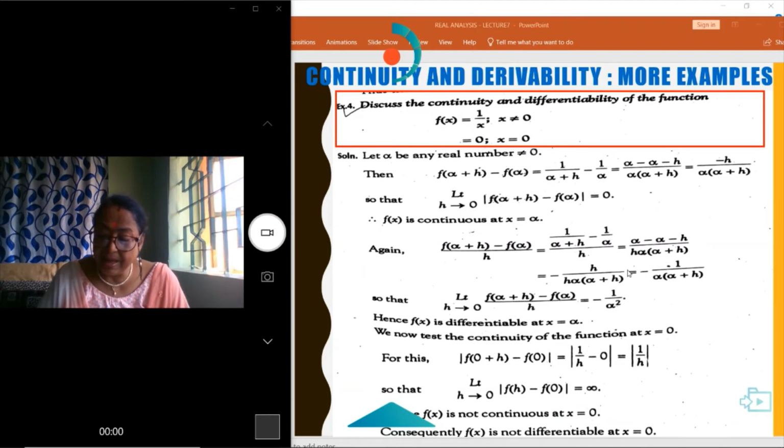This implies that f(h) - f(0) is equal to infinity. Hence, f(x) is not continuous at x equal to 0. Consequently, f(x) is not differentiable at x equal to 0.